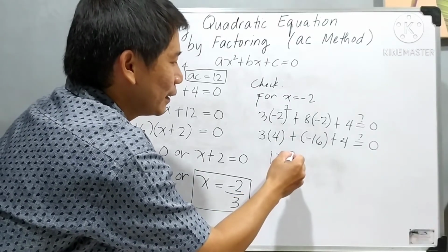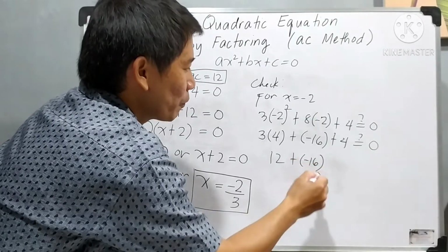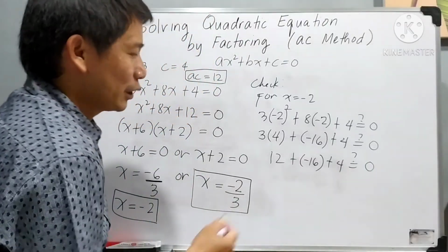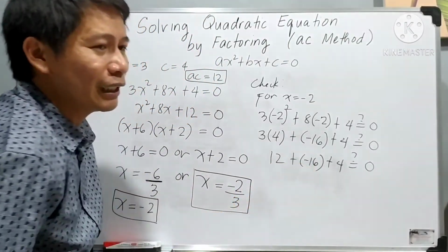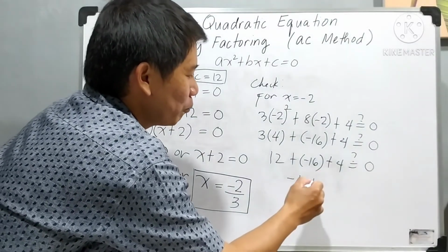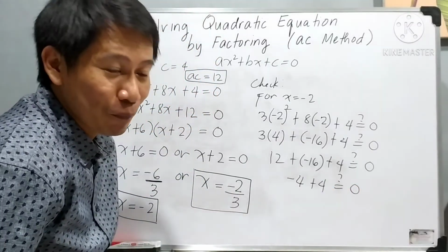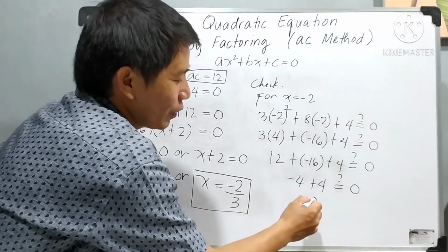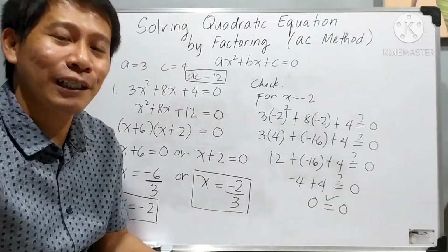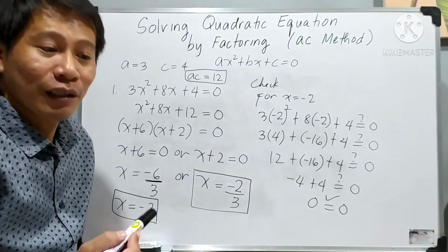Plus negative 16 plus 4, is that equal to 0? Let's continue. What is 12 plus negative 16, or 12 minus 16? That is negative 4 plus 4. Is that equal to 0? And what is negative 4 plus 4? That is 0 is equal to 0. Check. So, ibig sabihin, tama yung unang nakuha nating roots, which is negative 2.